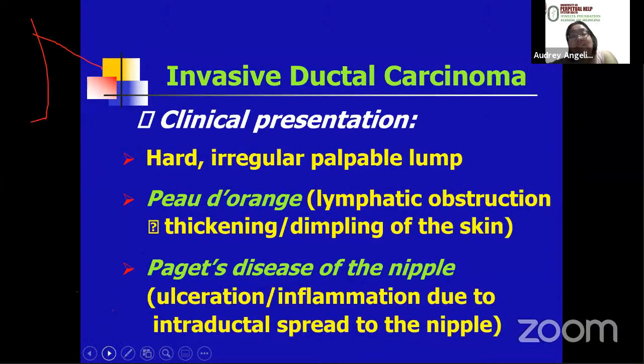So this presents with a hard, irregular, palpable lump. So if this one is not screening anymore, your patient would usually come in to complain. So you will have the peau d'orange, that's the dimpling of the skin, and Paget's disease of the nipple, that is your inflammation or ulceration due to the intraductal spread to the nipple.